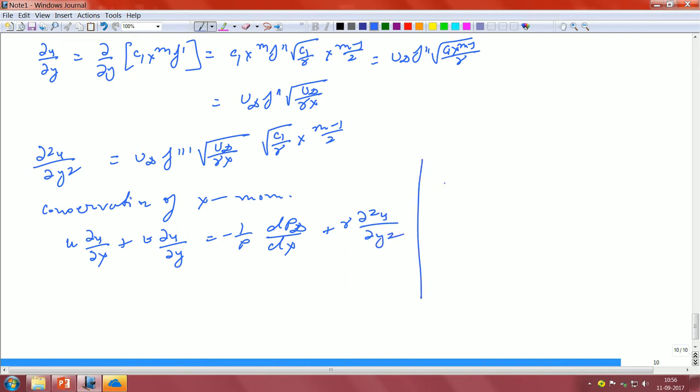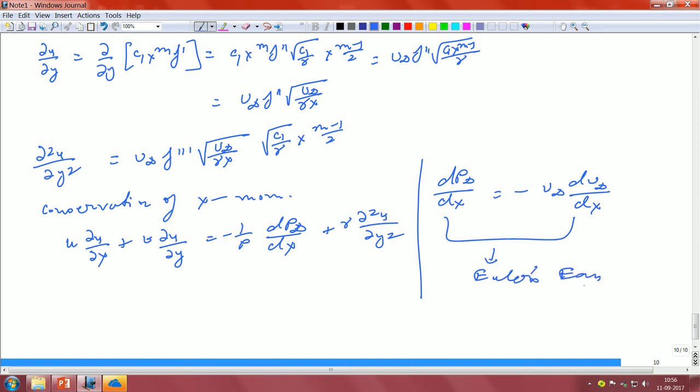Here of course, your pressure term dp by dx is minus u infinity du infinity by dx, right. This comes from the Euler's equation. Right. Okay. So, now what we do is you put all these values of u, v, du dx and all these values, and the final form of the equation therefore, now it is term by term substitution.